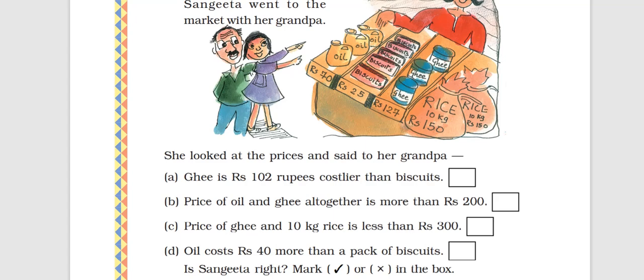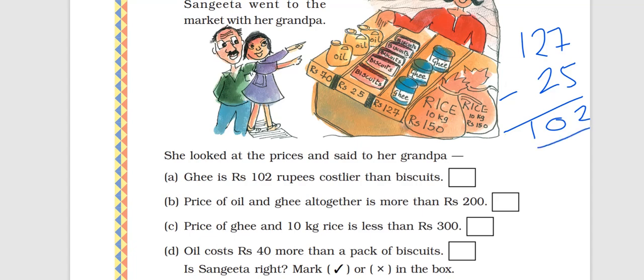So how much more means we need to subtract 127 minus 25. 7 minus 5 ones is 2 ones. 2 tens minus 2 tens is 0 tens. 100 minus 0 hundreds is 100. So ghee is 102 rupees costlier than biscuits, which is true.